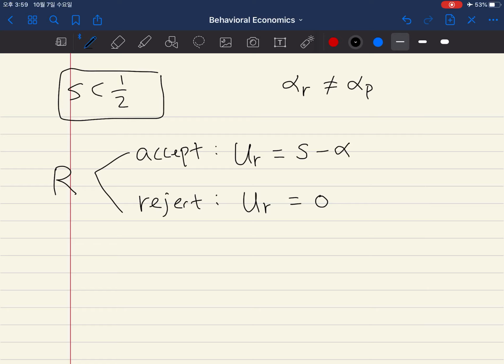So alpha comes here. And the extent of inequality is the difference between what proposer has and what responder has. In this case, proposer has 1 minus S and responder has S. So the extent of inequality is this much, and responder is gonna feel envy about this inequality.